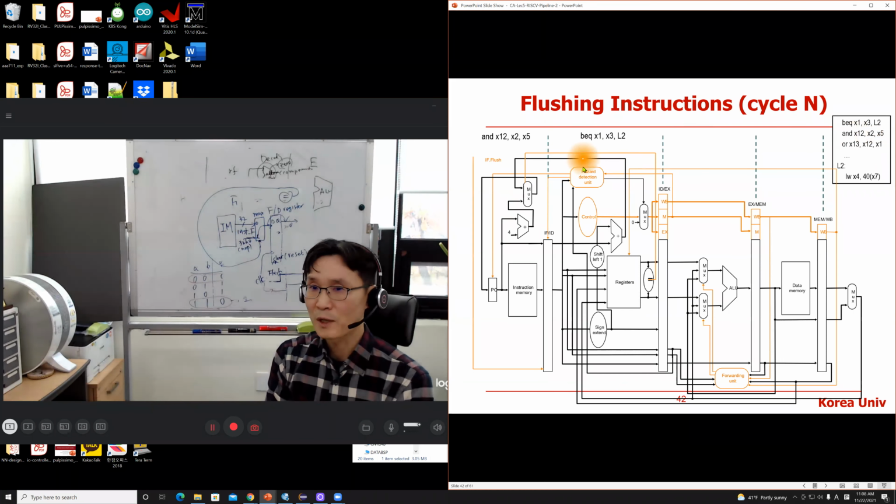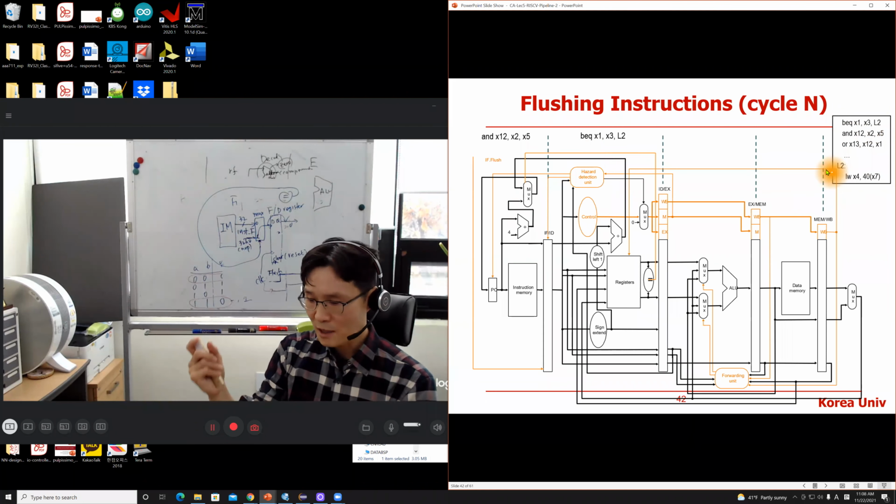Instead, no operation should be passed. And then the fetch stage is reading the LW instruction. So next clock cycle, this should happen. Again, the branch is taken, so that is controlling the multiplexer. And here you are passing no operation to the decoding stage.